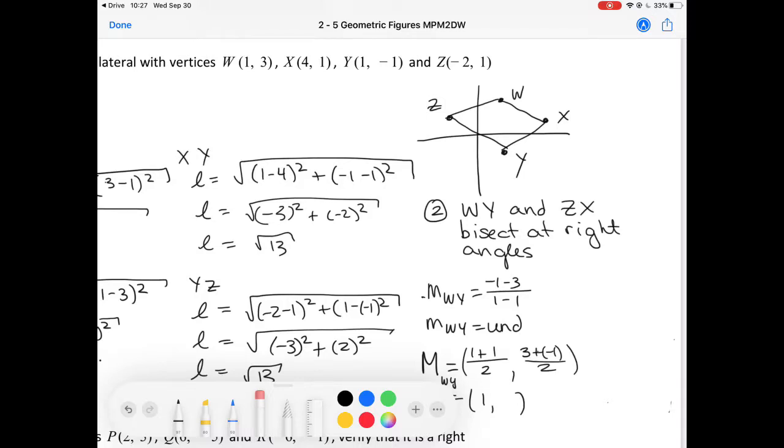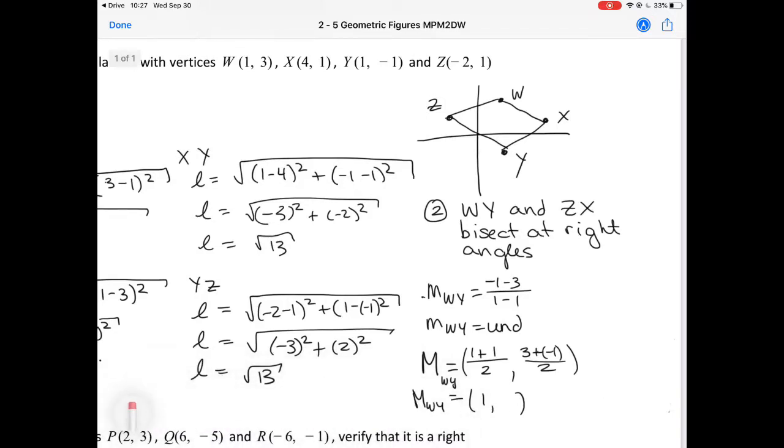And we've got 3 plus minus 1 over 2, so 2 over 2, which is 1. And then we're going to find our midpoint between ZX, which is going to be minus 2 plus 4 over 2, and then 1 plus 1 over 2, which is also going to give us 1, 1. Therefore, WXYZ is a rhombus because it satisfies those 3 criteria.